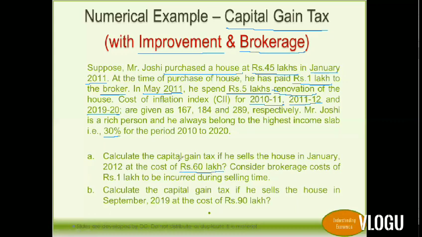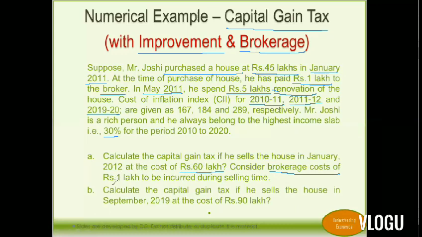So the selling price is 60 lakh if he sells the house in 2012 itself. And also consider the brokerage cost of 1 lakh rupee that will be incurred during the selling time. So this cost will be deducted from the sold amount or the selling price. From the selling price itself, we need to deduct it.